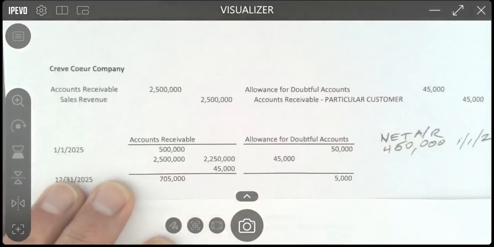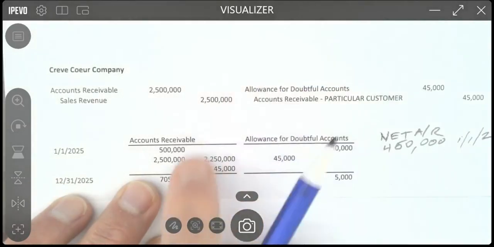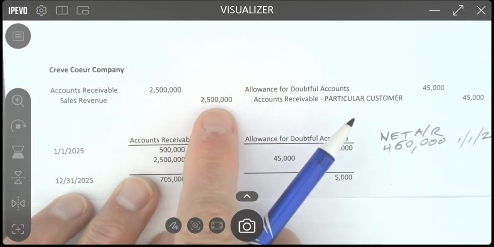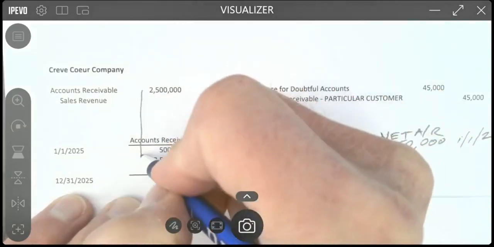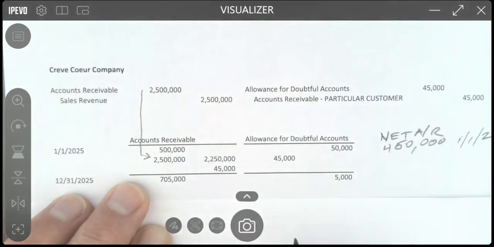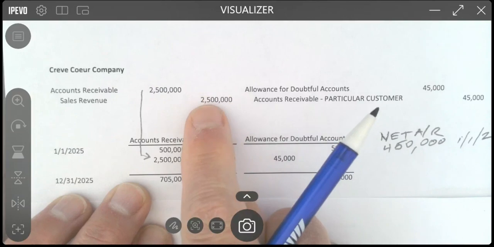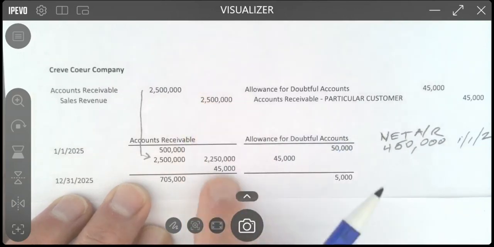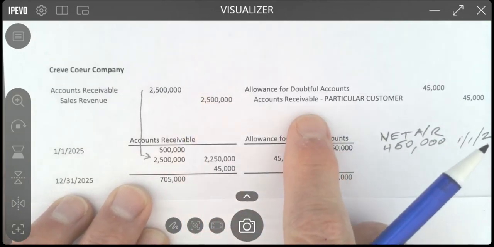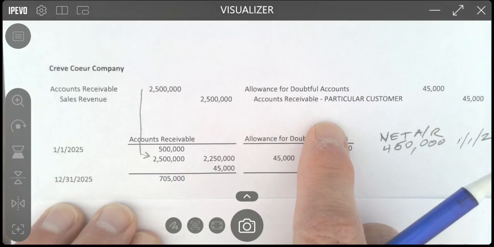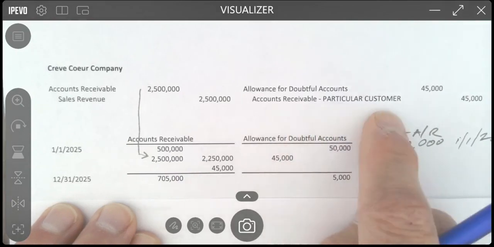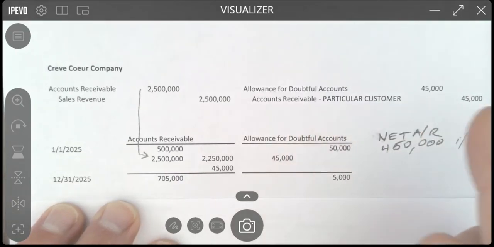During 2025, we had sales of $2.5 million, and so we debited accounts receivable, and that's right there. And we credited sales revenue, which is in another account not shown here. We did have allowances for doubtful accounts that were actually determined uncollectible.